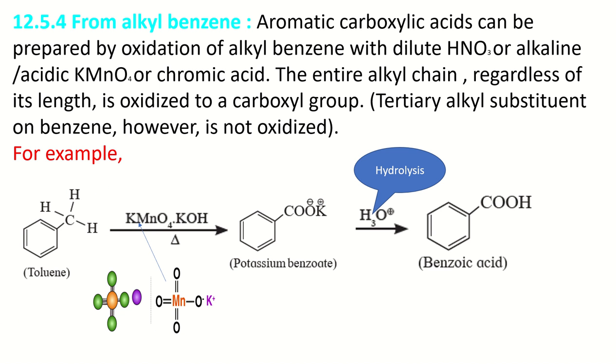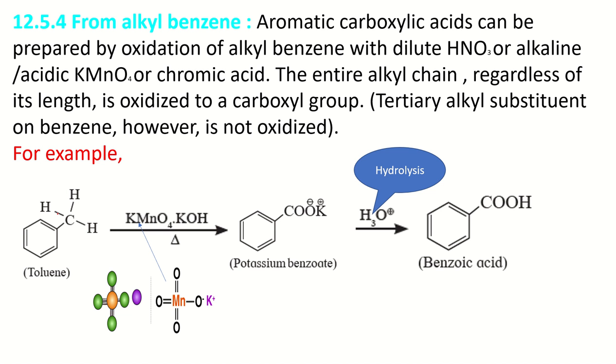When this methyl benzene is treated with a strong oxidizing agent, KMnO4, potassium dichromate or chromic acid, all these are strong oxidizing agents. Alkaline potassium permanganate gives thrice nascent oxygen, and out of these three, two oxygens directly attack the methyl group.